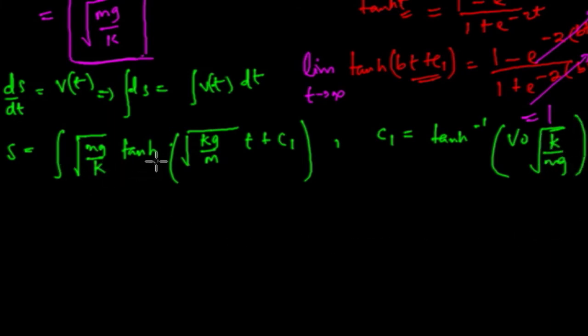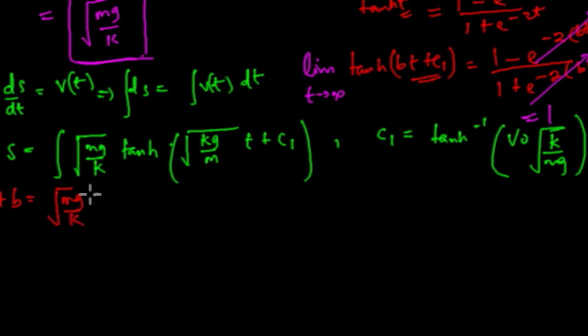Many times, whenever I see constants clustered together here, it's best to represent them with a new constant to make the whole calculation simpler. So I'm going to say let b equal this constant here. Let b equal root mg all over k.